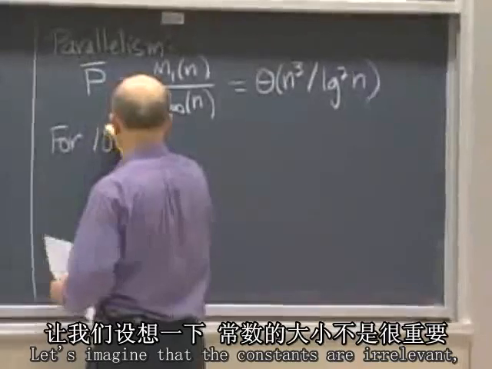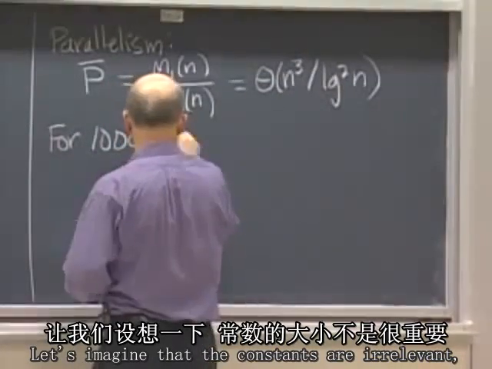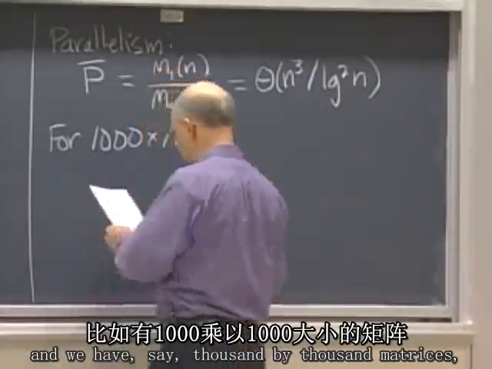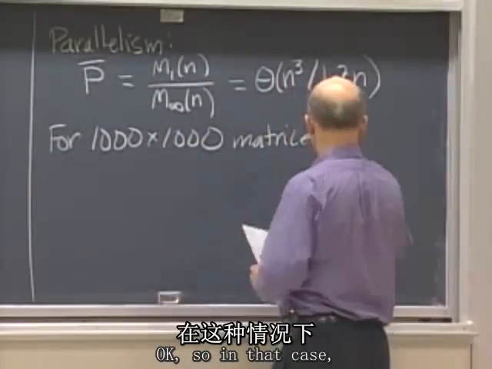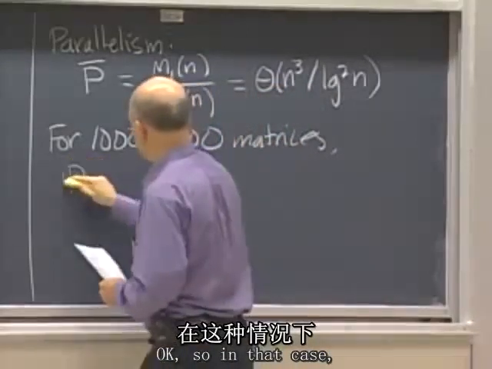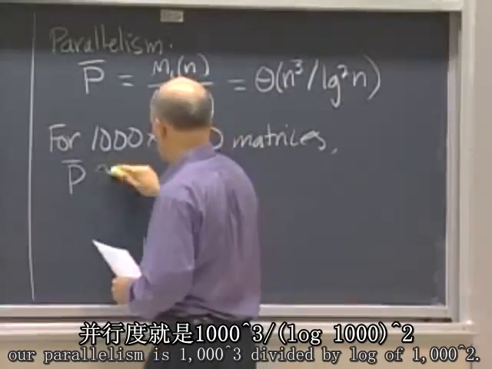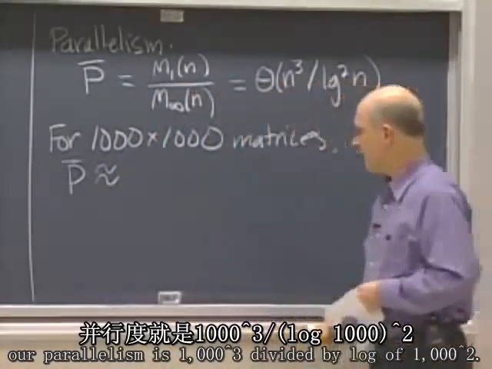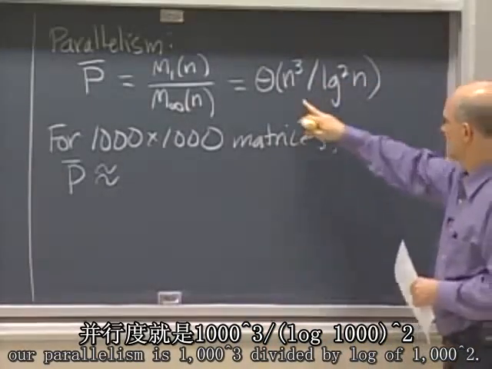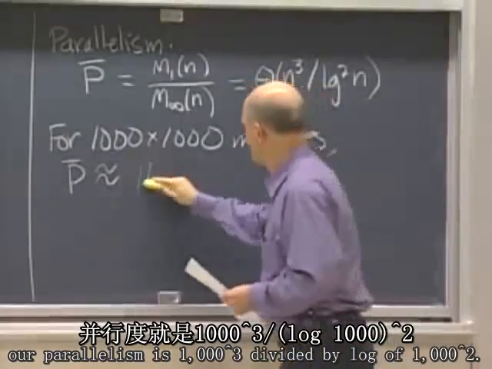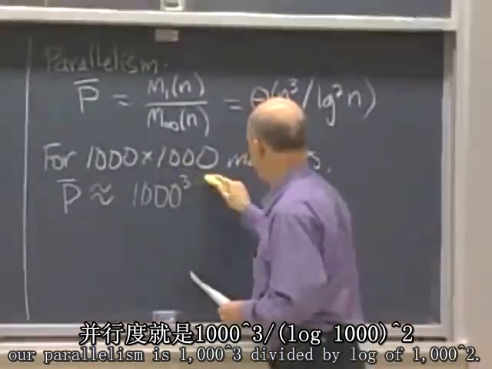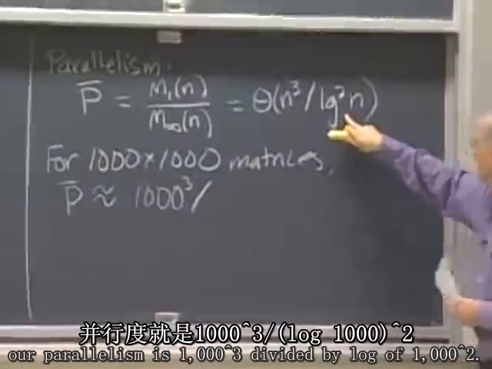Let's just look at this to get a sense of what's going on. Let's imagine that the constants are irrelevant, and we have, say, 1,000 by 1,000 matrices. In that case, our parallelism is 1,000 cubed divided by log of 1,000 squared.